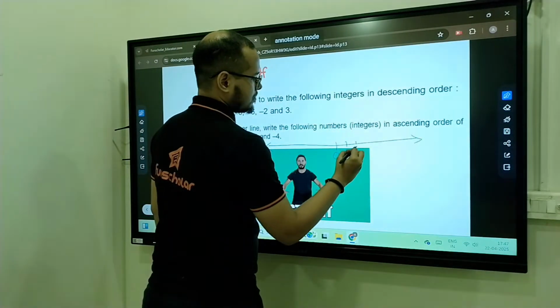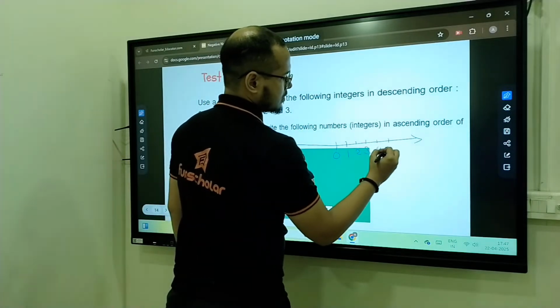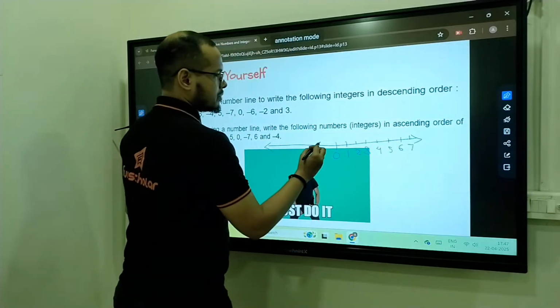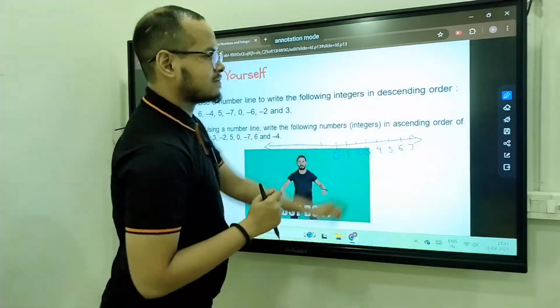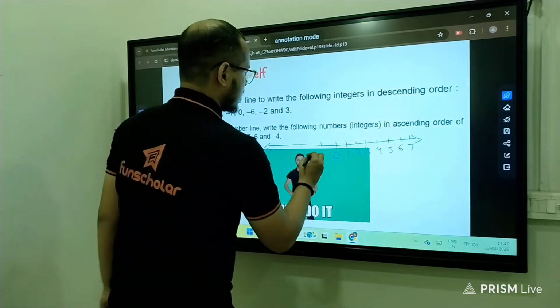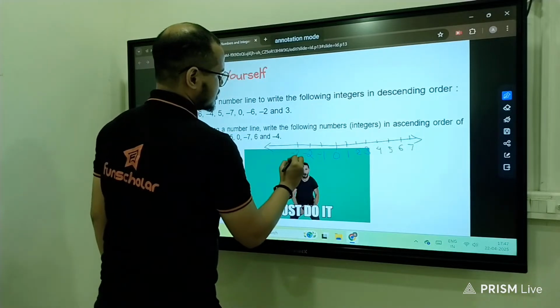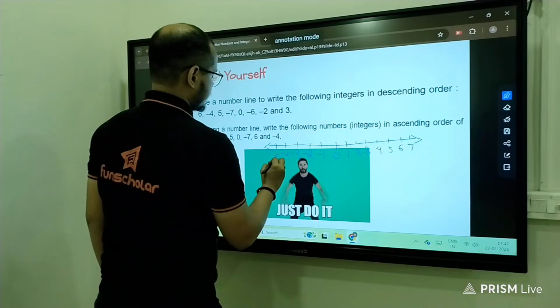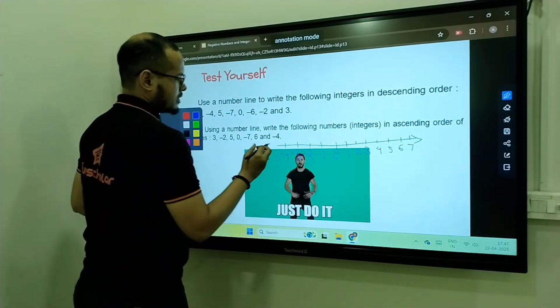I'm writing here 1, 2, 3, 4, 5, 6, 7. Then on the other side, -1, -2, -3, -4, -5. I'm extending it because it is not going to be completed.